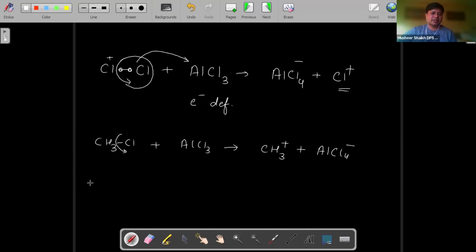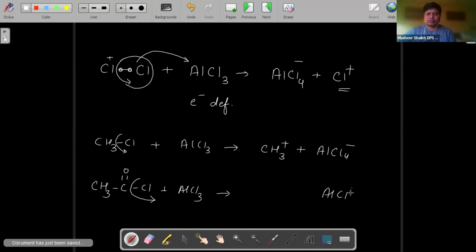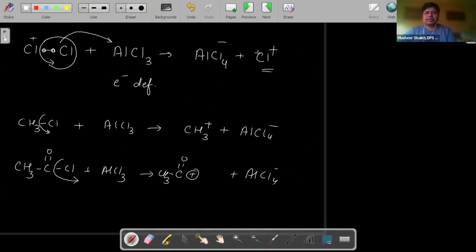Or else, if I react CH3COCl with AlCl3, it will absorb Cl minus to give AlCl4 minus, and I will get CH3CO plus. Now, all these are electrophiles. Here Cl plus is the electrophile, here CH3 plus is the electrophile, and here the alkyl carbonyl is the electrophile.